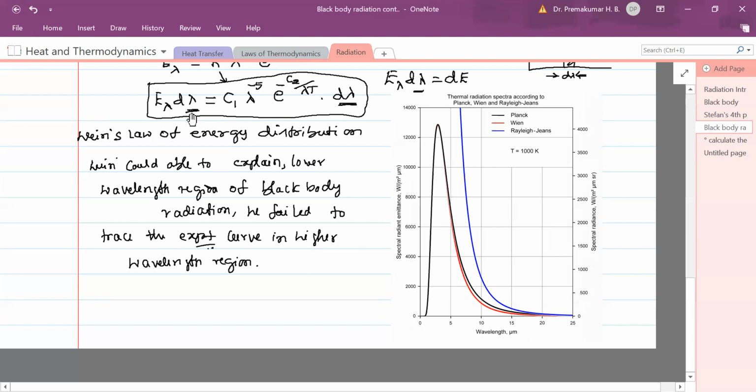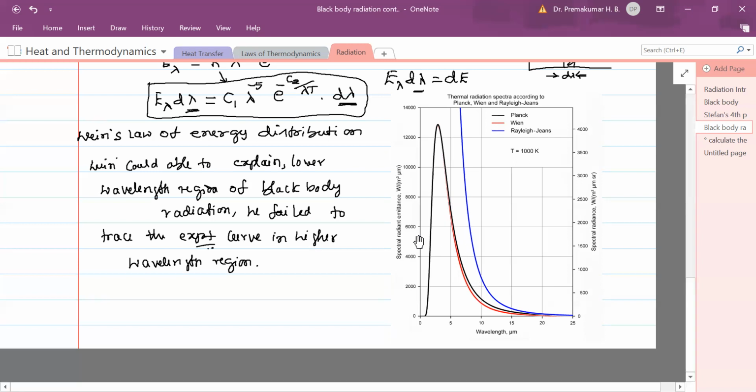Keep the temperature at something like 1000 and work out how the curve comes across. After some certain wavelength, they start deviating out. It's not exactly tracing, which means Wien failed to explain the black body radiation curve.